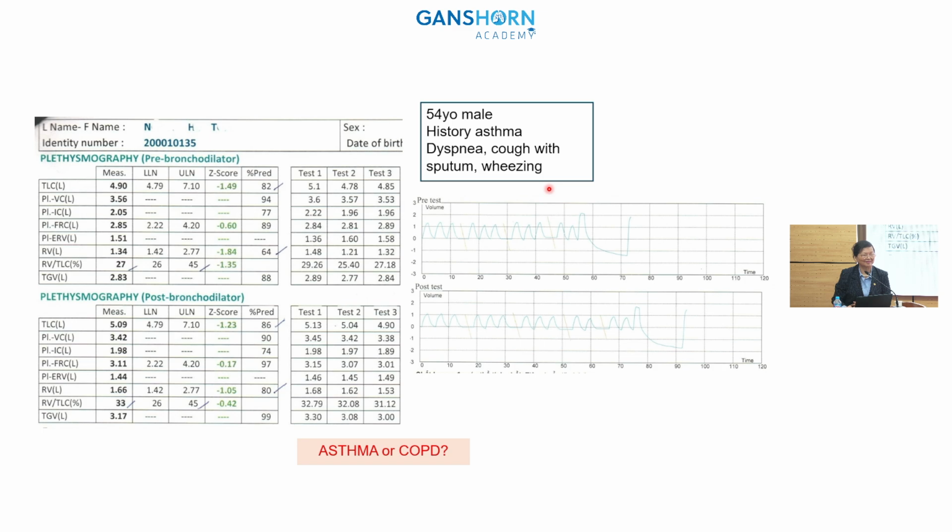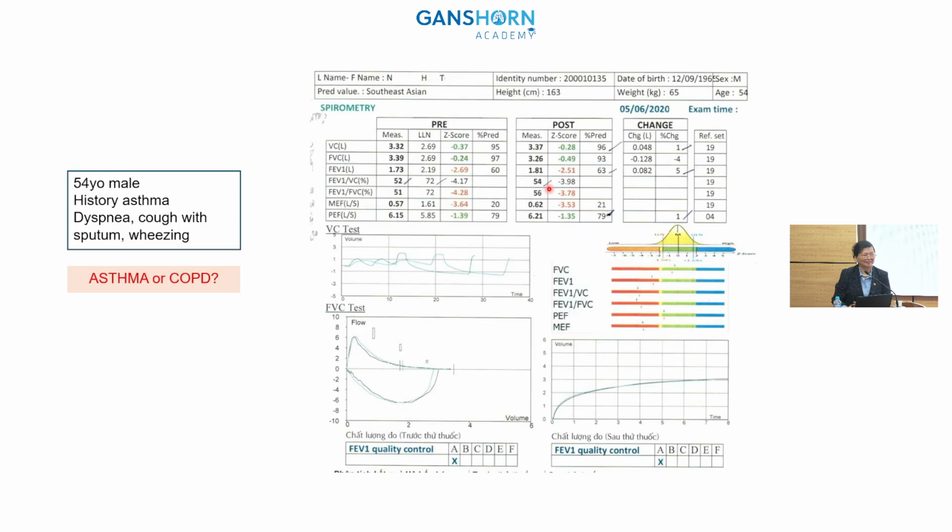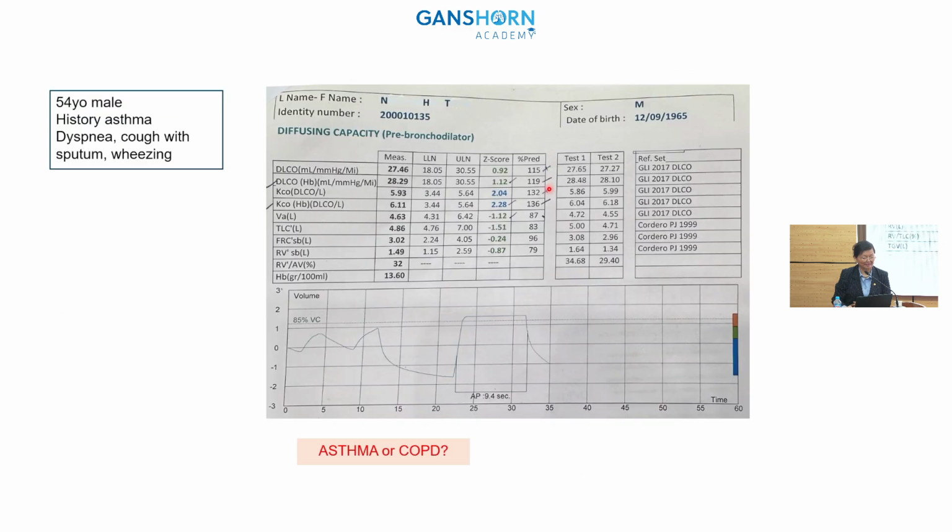With this patient, the patient has obstruction on spirometry, but plethysmography shows normal TLC, he doesn't have air trapping, and the DLCO is normal.